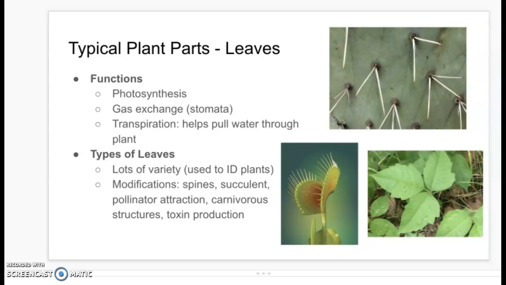Another one that you might recognize in this picture right here, this is a Venus flytrap, and a Venus flytrap is very interesting because it's one of the many carnivorous plants that we have. Now, carnivorous plants are not as common as regular plants, obviously, but there are quite a few. And the neat thing about Venus flytraps and other carnivorous plants is that they can adapt by either photosynthesizing or being heterotrophic and eating other organisms.